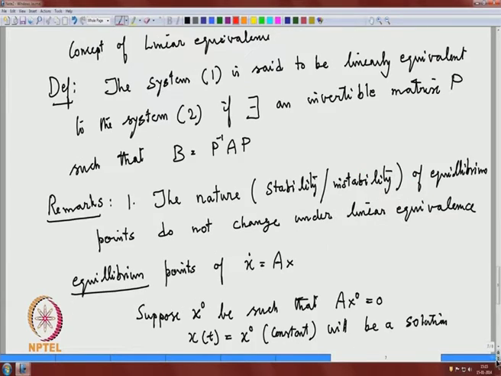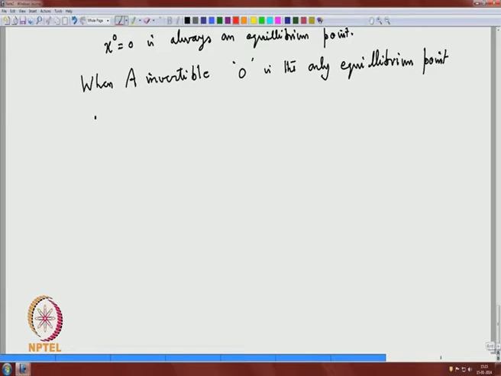So there are two linear transformations basically: x going to y, y equal to P inverse x, that is one transformation, and the other one, y going to x, x equal to Py.